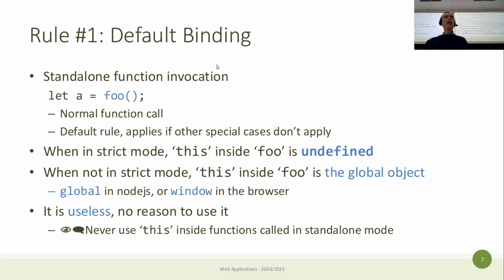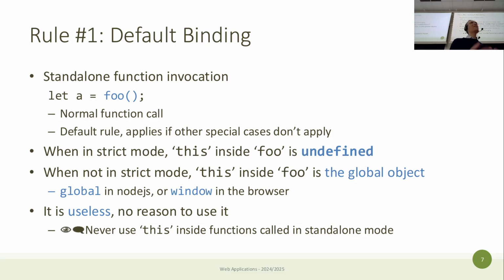Okay? And so in strict mode it is undefined, but unfortunately, when you are not in strict mode, this is the global object. And depending on the environment, it can be, you know, the Node.js global object or the browser global object and so on. So please try not to use JavaScript without strict mode, okay?